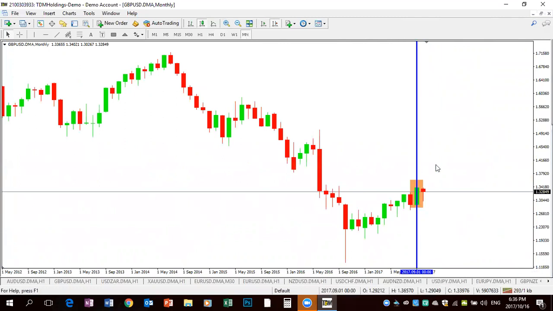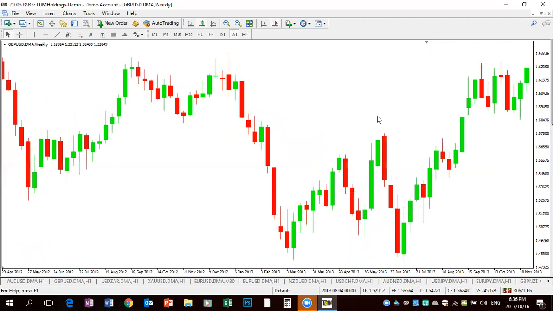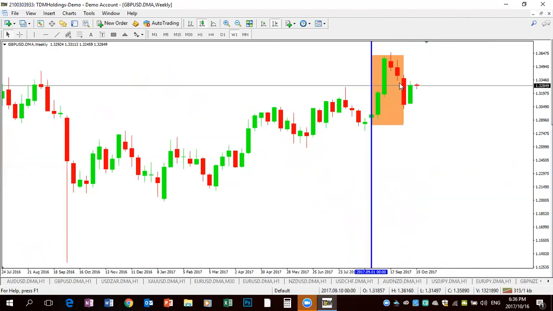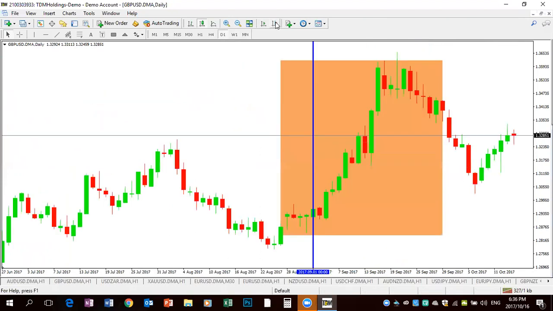And a green candle indicates a bullish market, which means in this month, the market was going up. Now let's go to the weekly time frame. You'll notice that the market is still going up. I'm trying to show you that whatever is happening in a monthly time frame is exactly what is happening in the smaller time frames. Now we have the daily time frame.